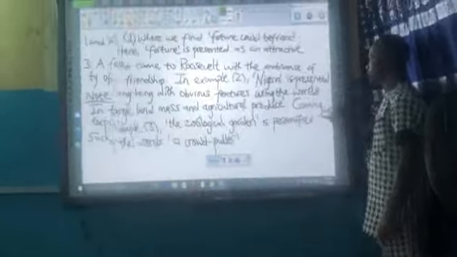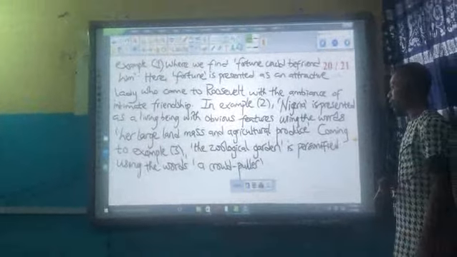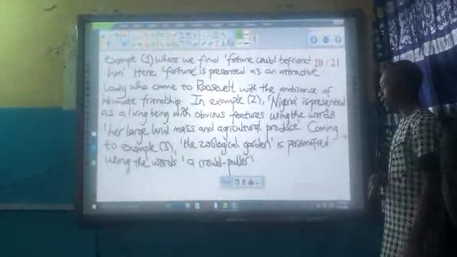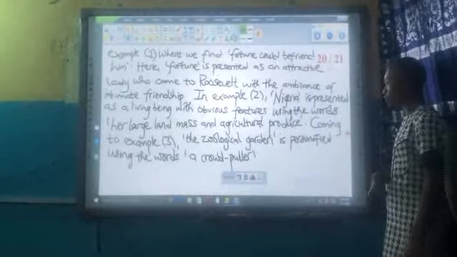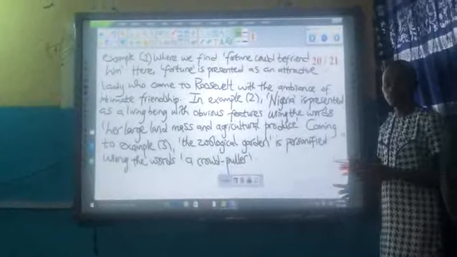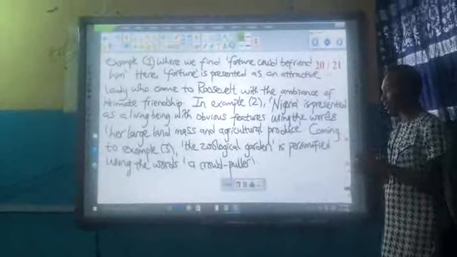So, Nigeria is presented here as a nation with obvious features, using the words large landmass and agricultural produce. So that's what makes it personification because of those words.